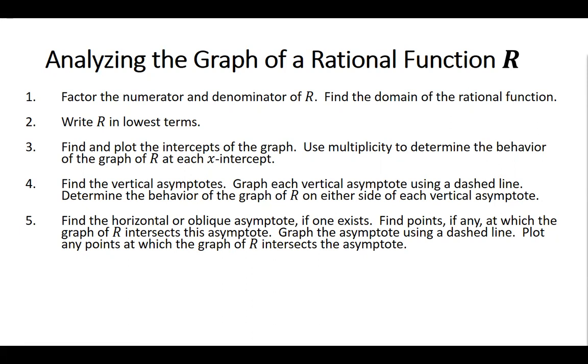Now, I know that sounds a little strange. It says find the horizontal or oblique asymptote if one exists, and find points, if any, at which the graph of R intersects this asymptote. And you're going, wait a second, that doesn't make sense. The idea of an asymptote is that it never touches it. Well, yes, that's true. But you're looking at the end behavior as x approaches negative infinity or infinity.